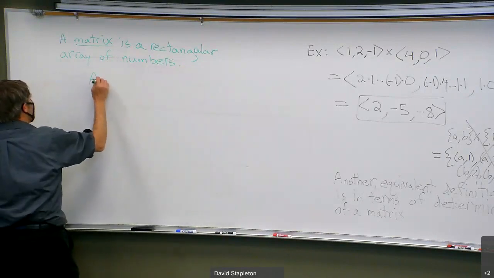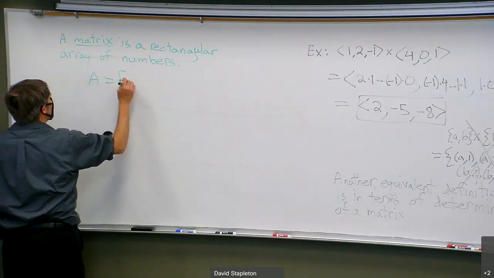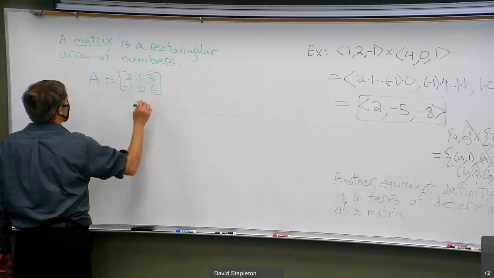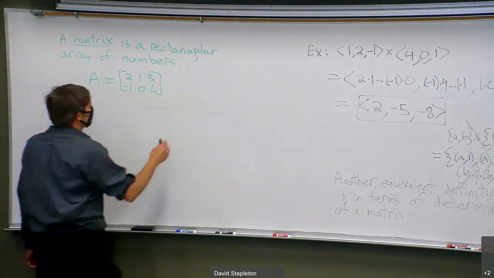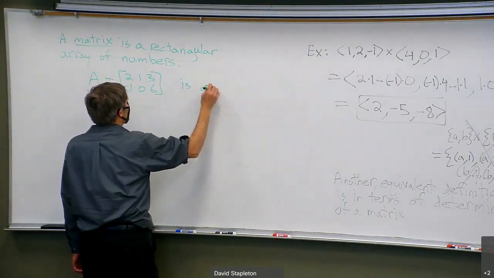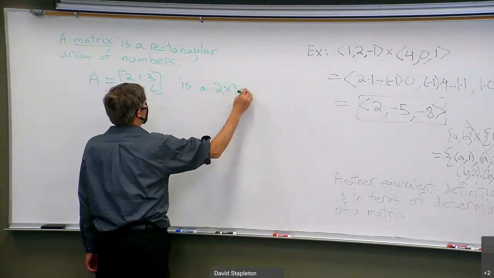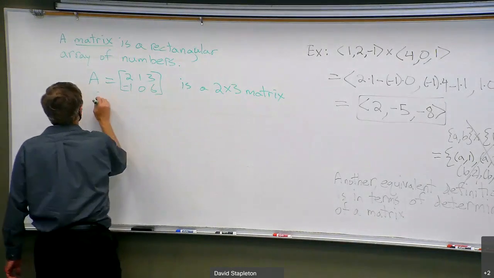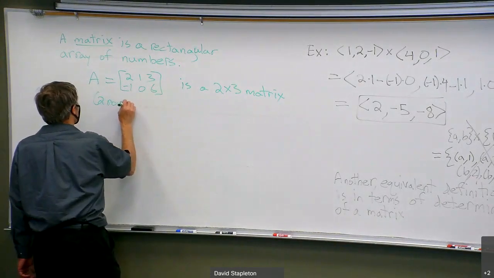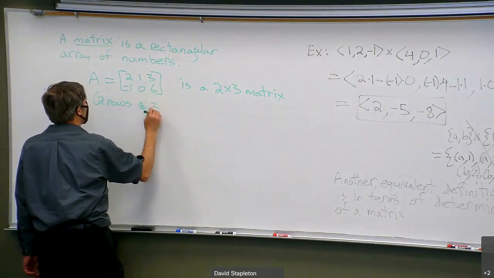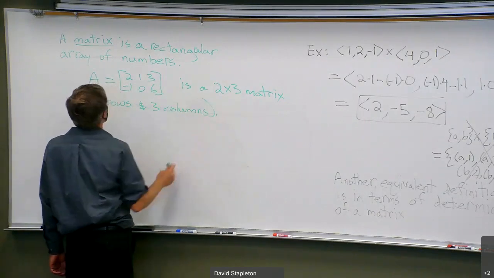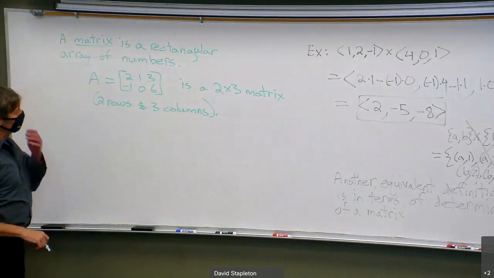Such as A equals 2, 1, 3, minus 1, 0, 6. Said to be a 2 by 3 matrix, meaning it has 2 rows and 3 columns. That's a matrix. That's all you need to know about it.